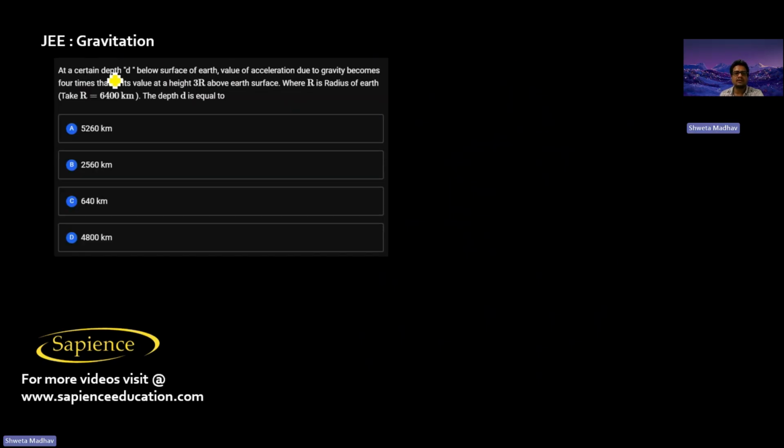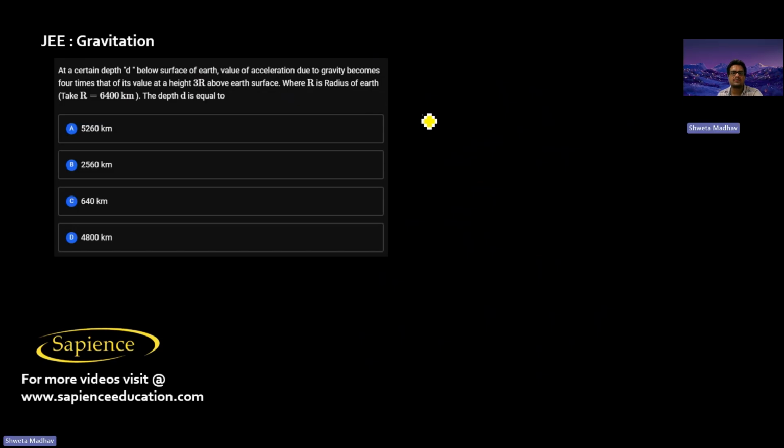And here it is told that at a depth d below the surface of the earth, the value of acceleration due to gravity becomes 4 times that of its value at a height 3r above Earth's surface.